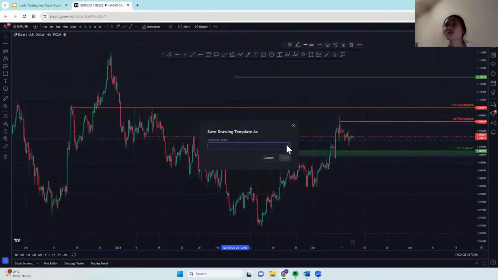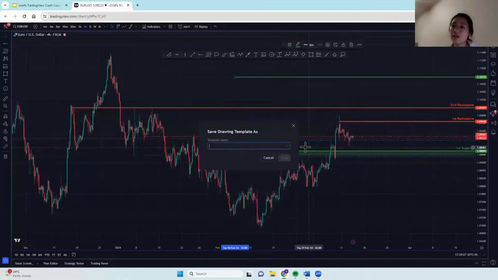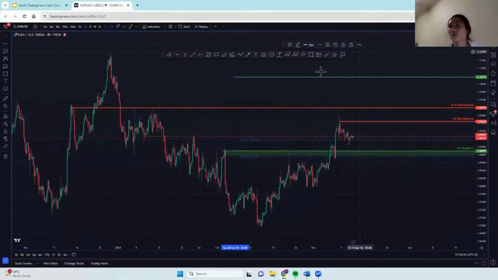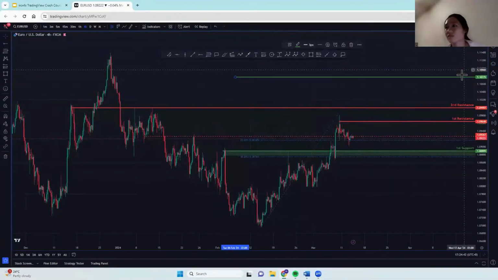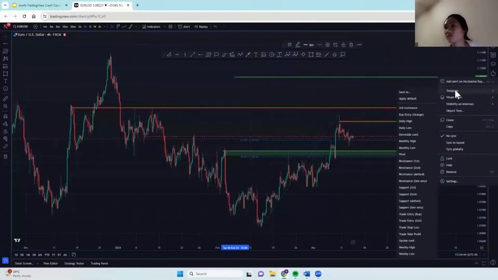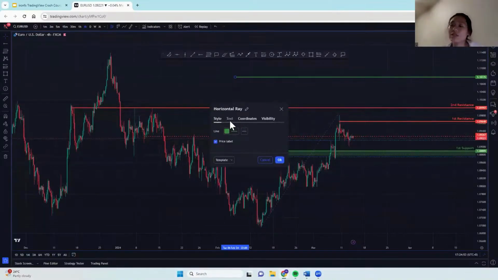So for example, there are all of these different names, but if let's say I want to add a third resistance, go to settings.